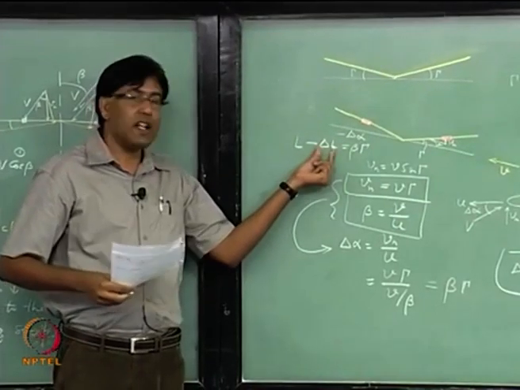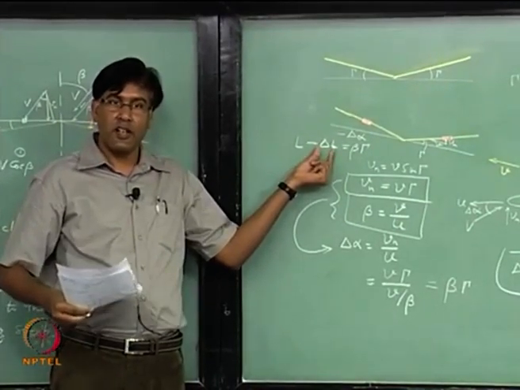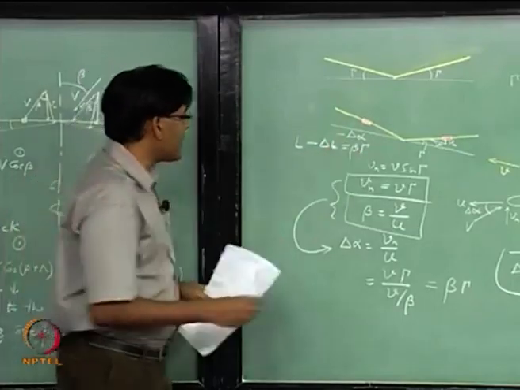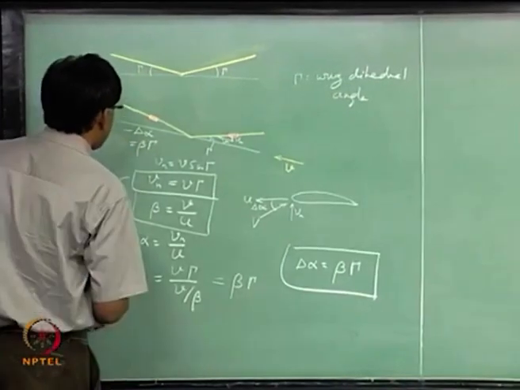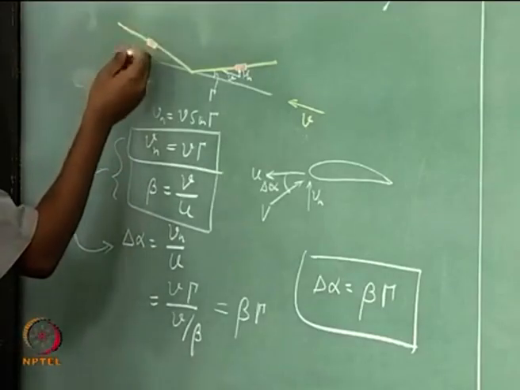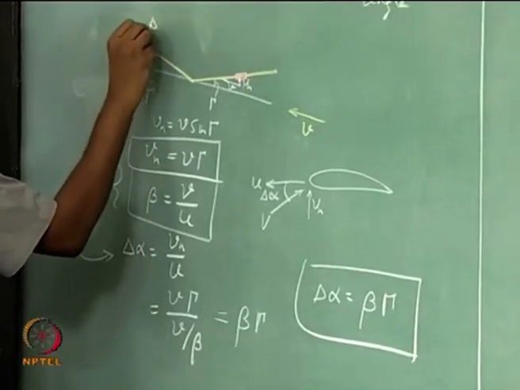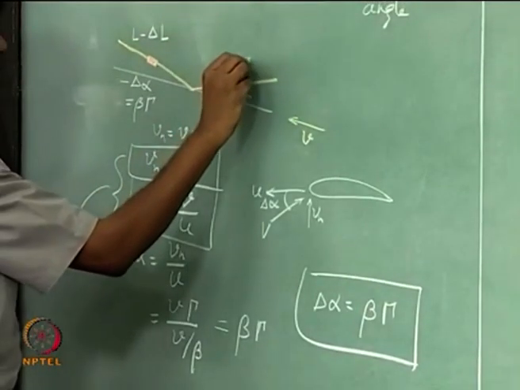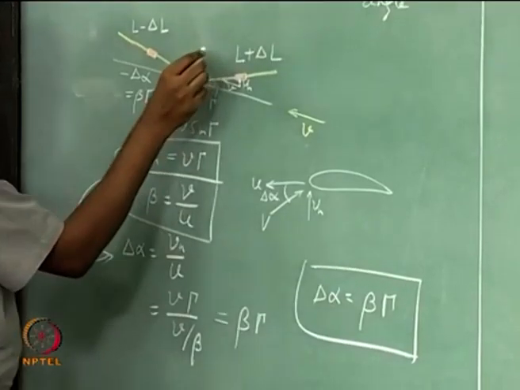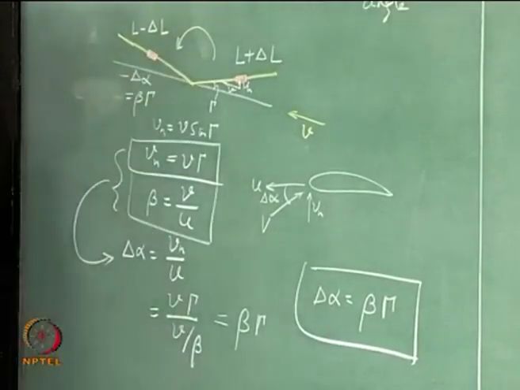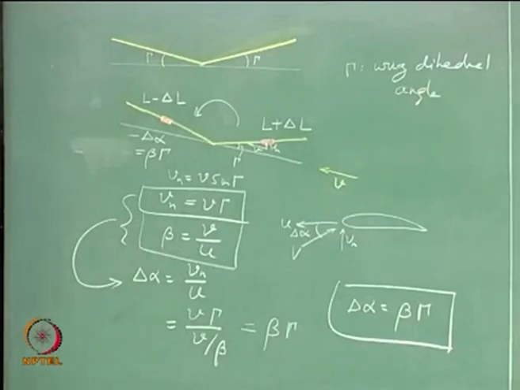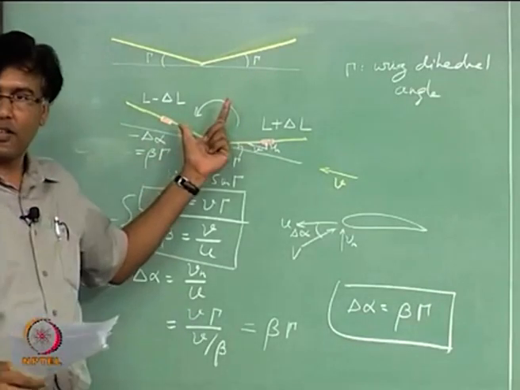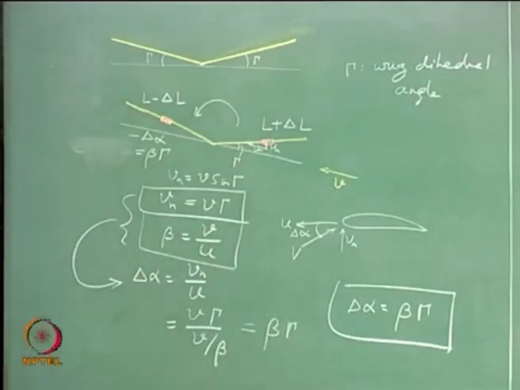This delta L is coming because of this effect, and that is going to give me a moment which is negative. So a positive side slip has given me a negative rolling moment.